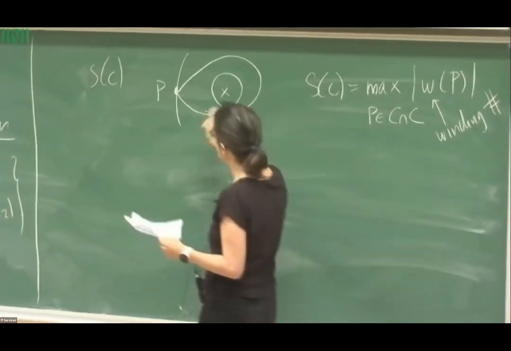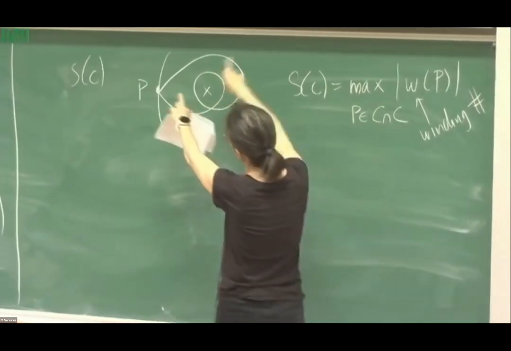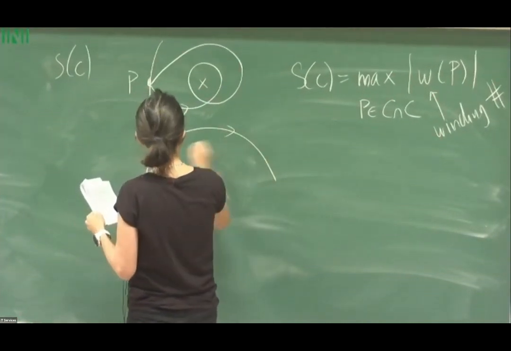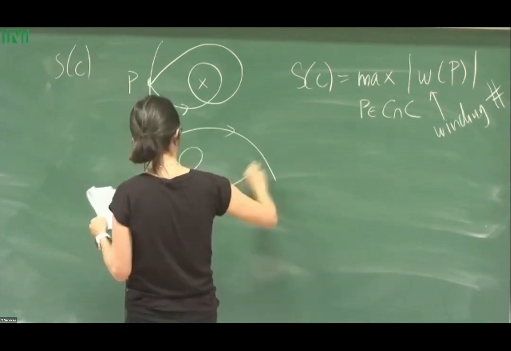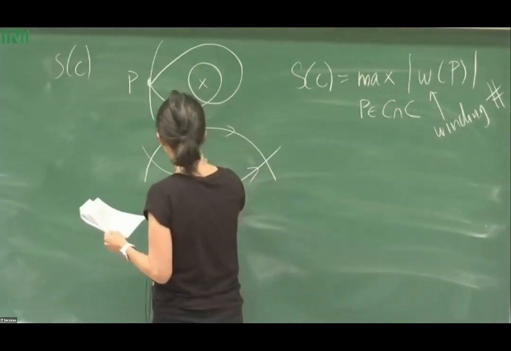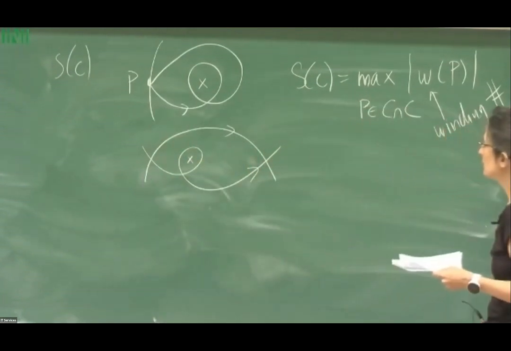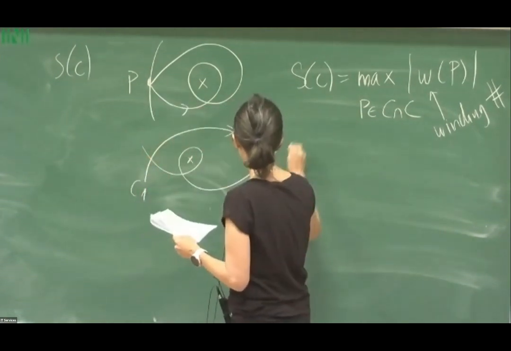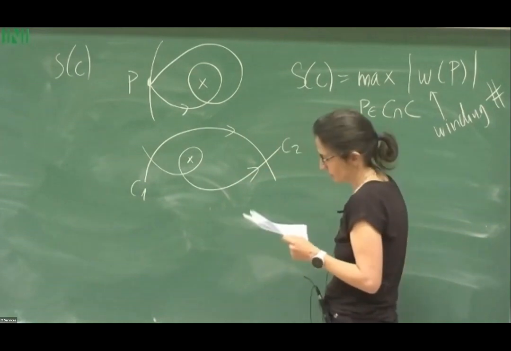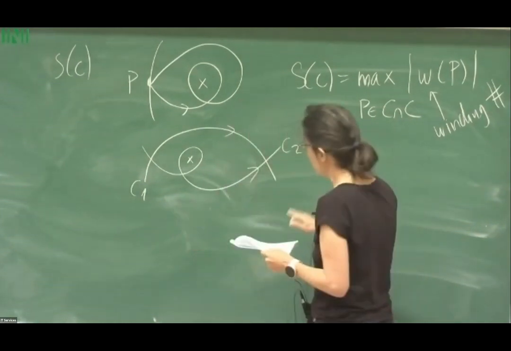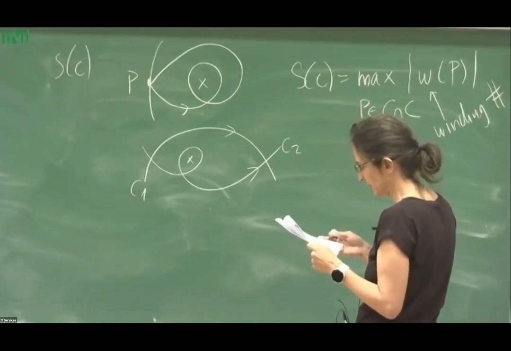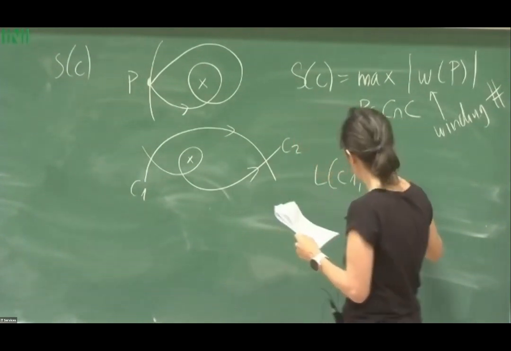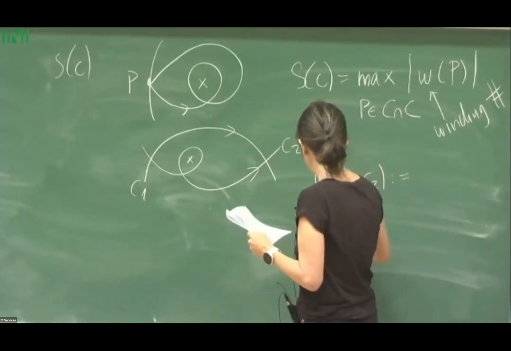And then for the L, we look at pairs of curves. So some pairs of curves will form a closed loop again because they meet twice. Let's have one like that and one like that. So if this is C1 and this is C2, then I should look at points which are on both C1 and C2. So L of C1, C2 is the maximum.